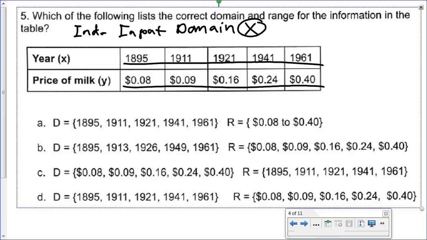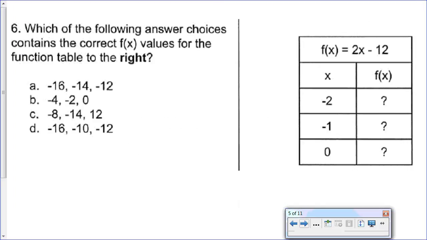We'll go ahead and put, down here, the dependent variable, which is also your output, which is your range, and that is associated with y, the variable y. And that is always going to be that way. So hopefully that's enough to answer that one.